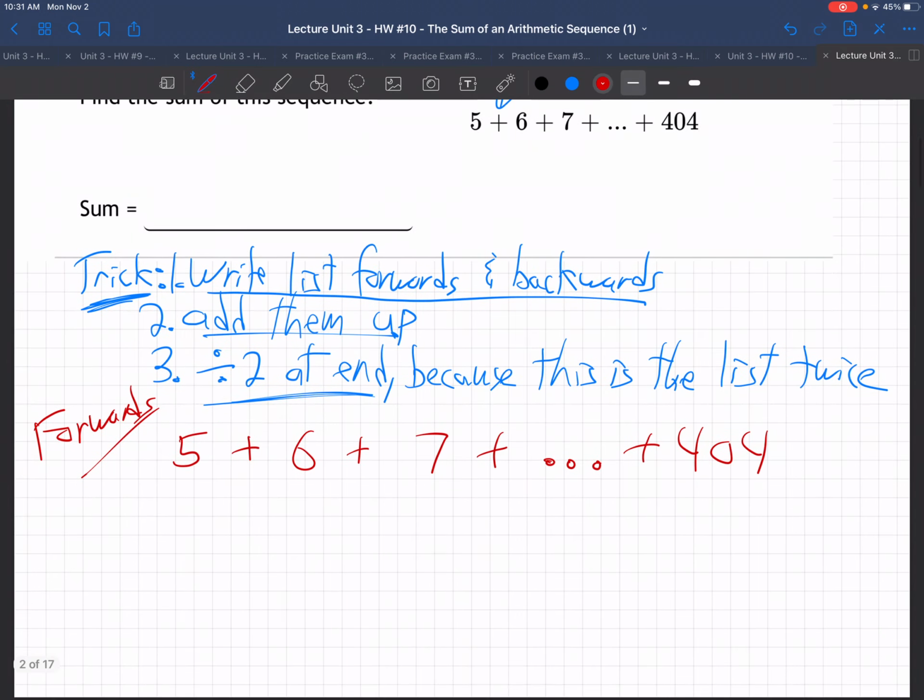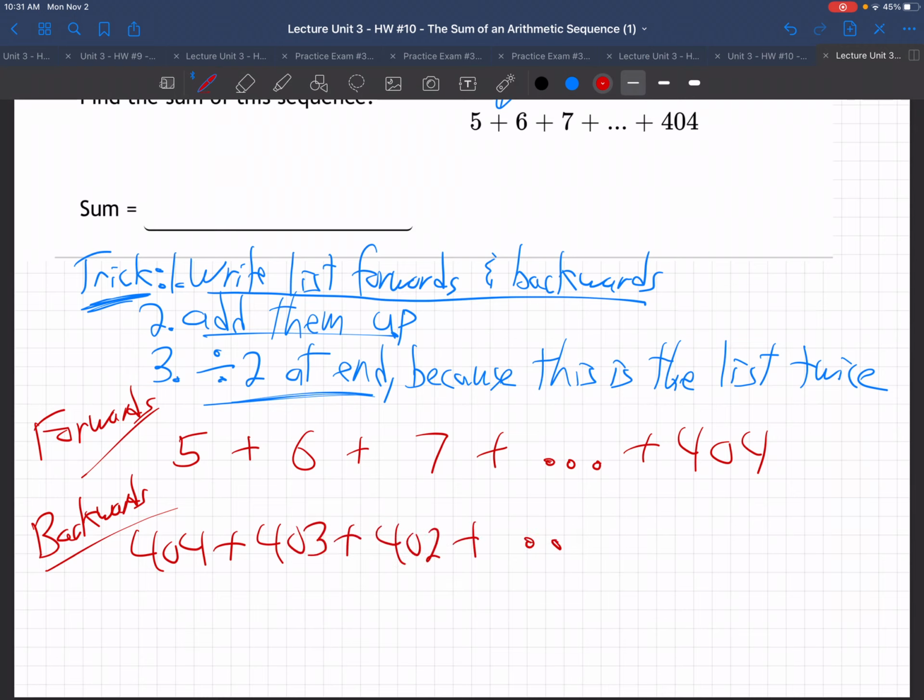And then I've got to write the list backwards. Okay, so backwards, I start with the 404, and it's going to go down by 1 every time, right? So 403, 402, dot, dot, dot, all the way down to 5.